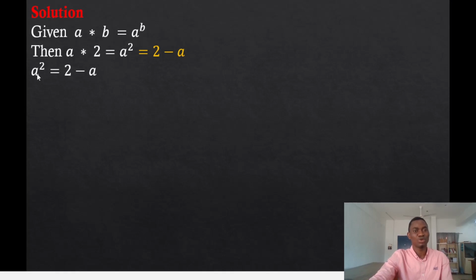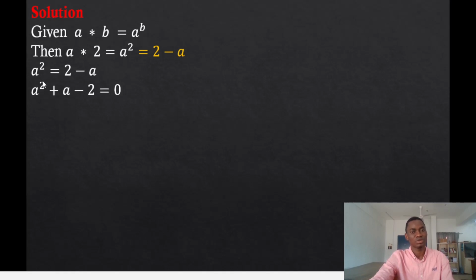I hope you know when a quadratic equation is in standard form. That is when it is in the form ax squared plus bx plus c equal to 0. So we are going to express this quadratic equation in standard form.